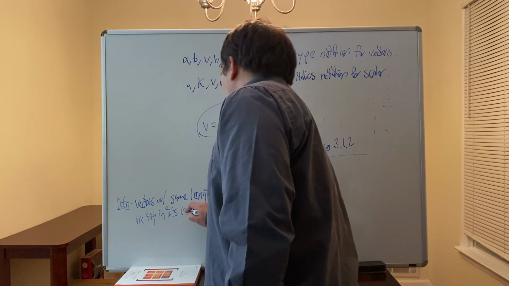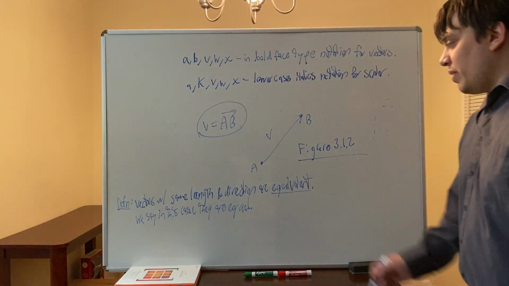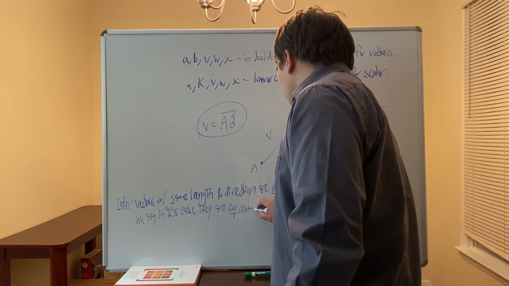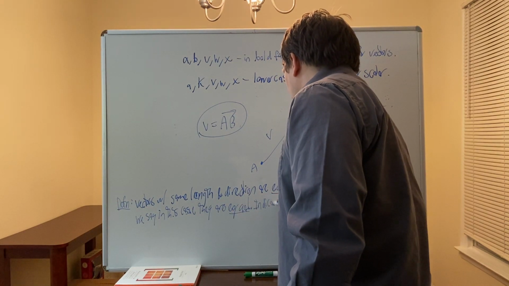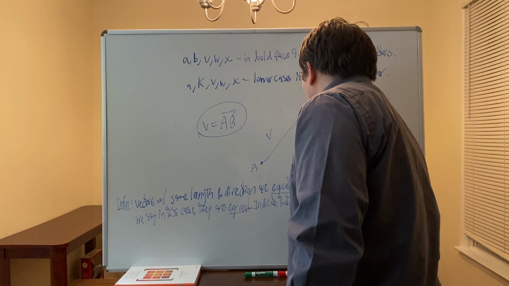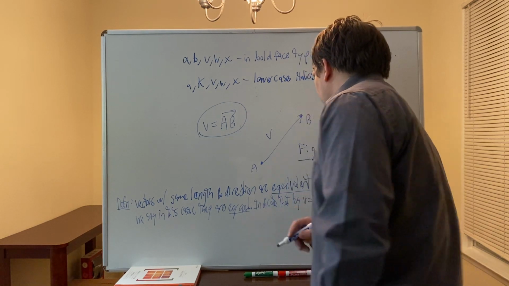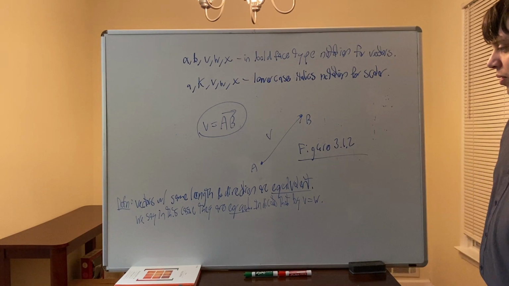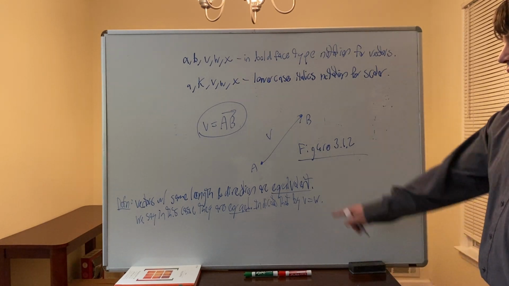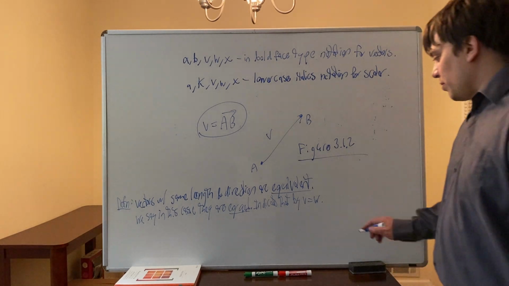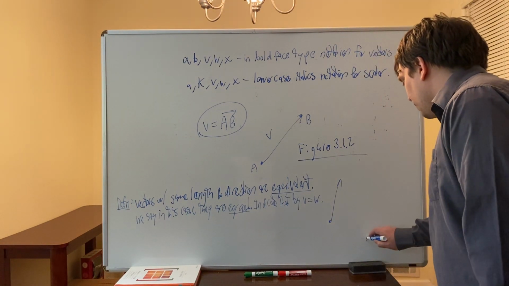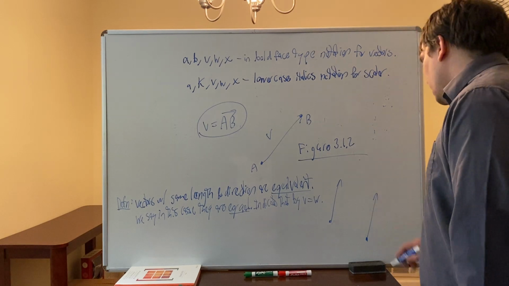So in the case where two vectors are equivalent, we say they're equal, and we indicate that by v equals w. V equals w is saying two vectors are equal, but it means they're equivalent. It means they have the same length and direction. So for instance, this vector here is equivalent to this vector over here.